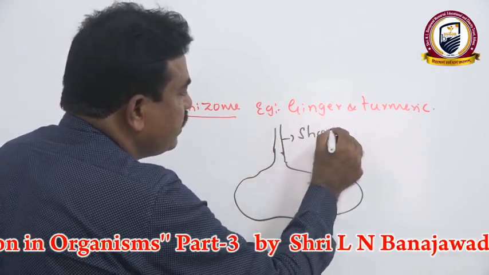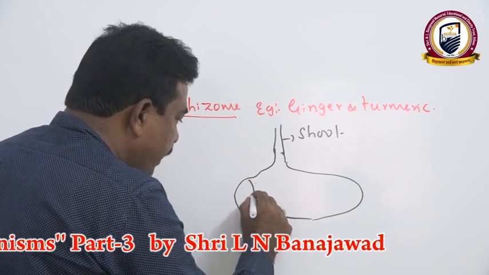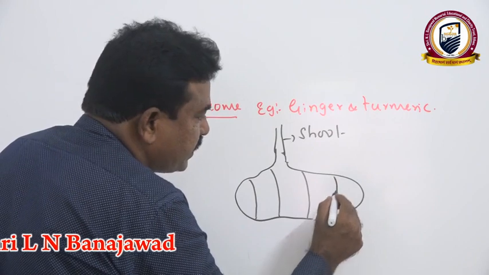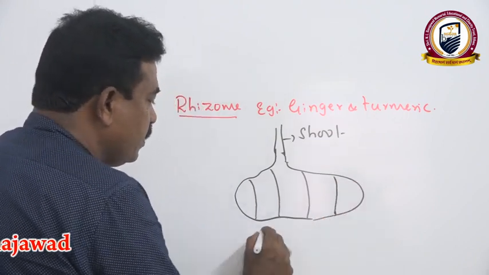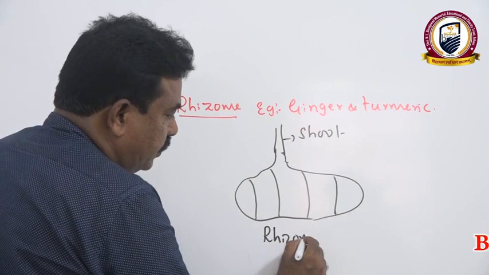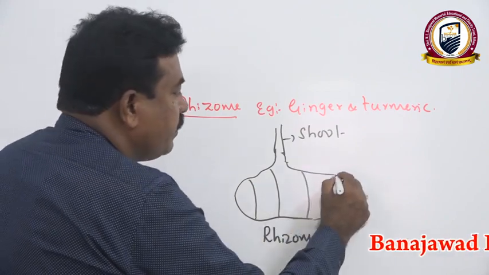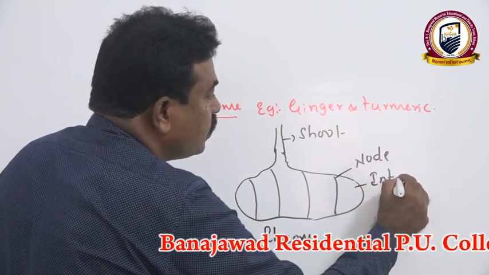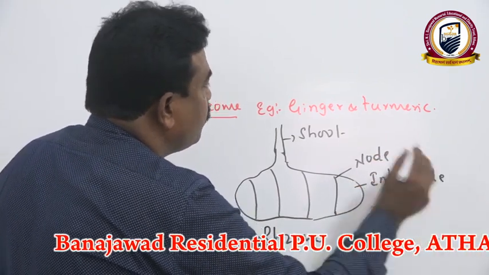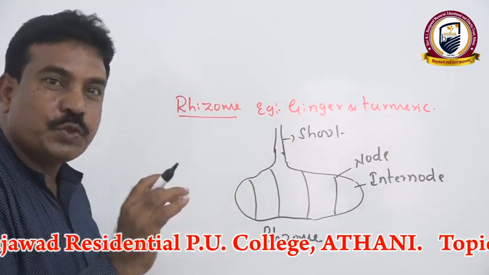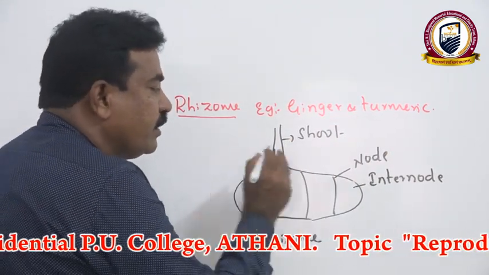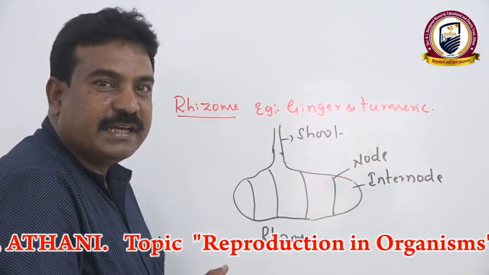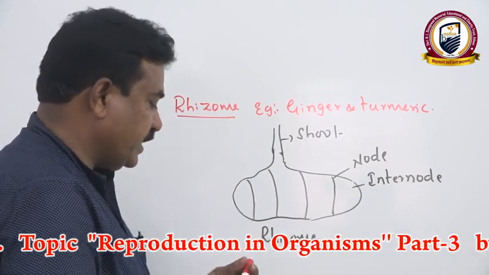Here the shoot is there, and this stem is modified and swollen and becomes a little bit flat, and this specialized structure we call rhizome. If you consider rhizome, here we are able to differentiate node and internode. Although the color of this structure, both ginger and turmeric, is root-like, because of underground stem modification, due to the presence of node and internode, we can easily say that it's a stem modification.